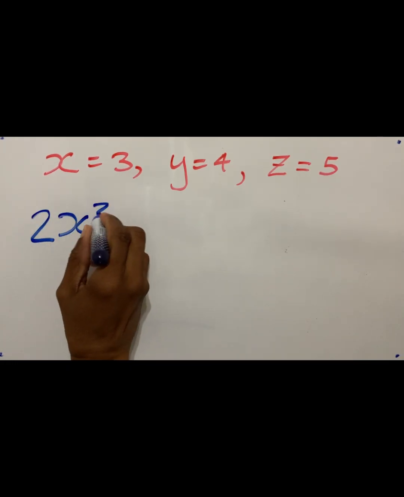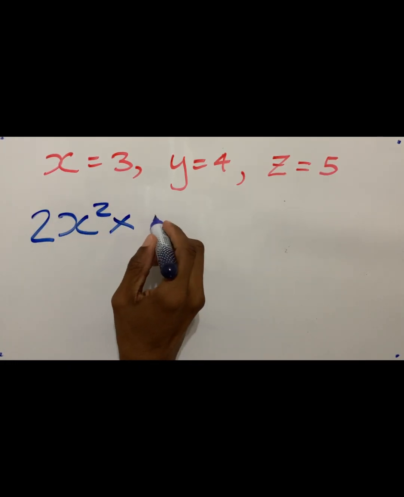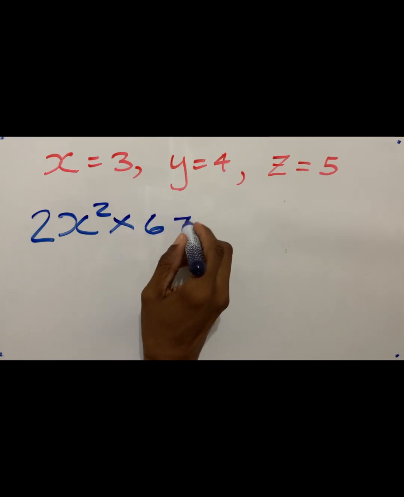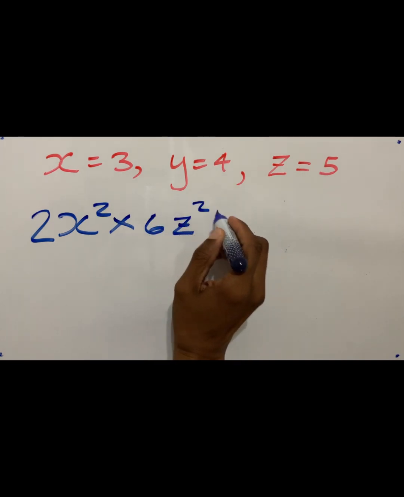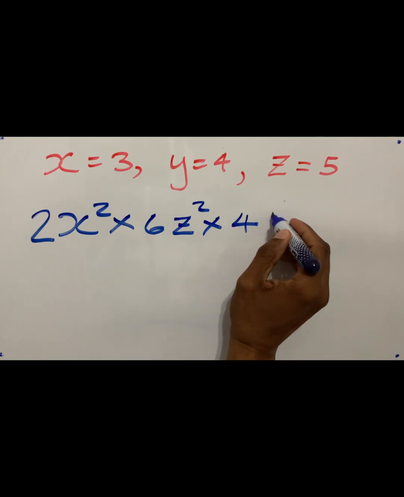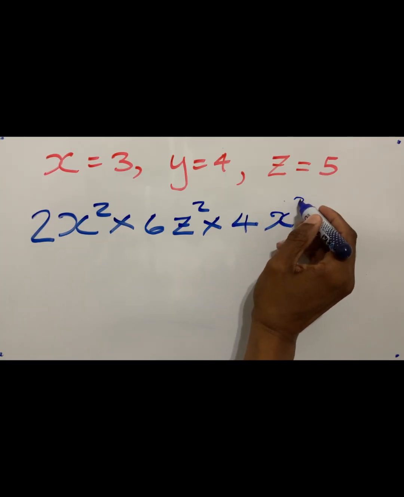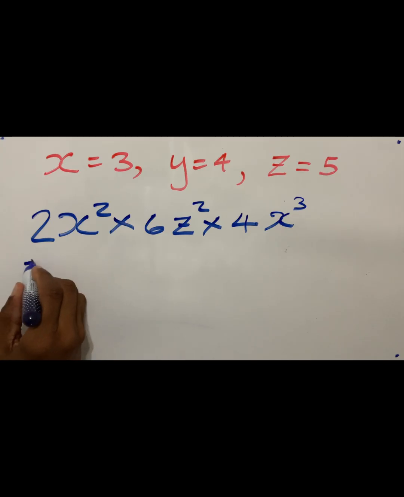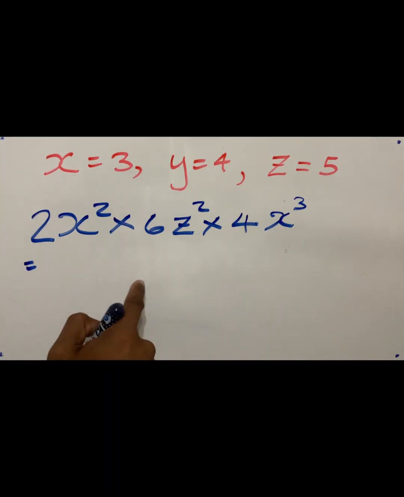2x squared times 6z squared times 4x cubed. Nothing different at all, just group our like terms together.